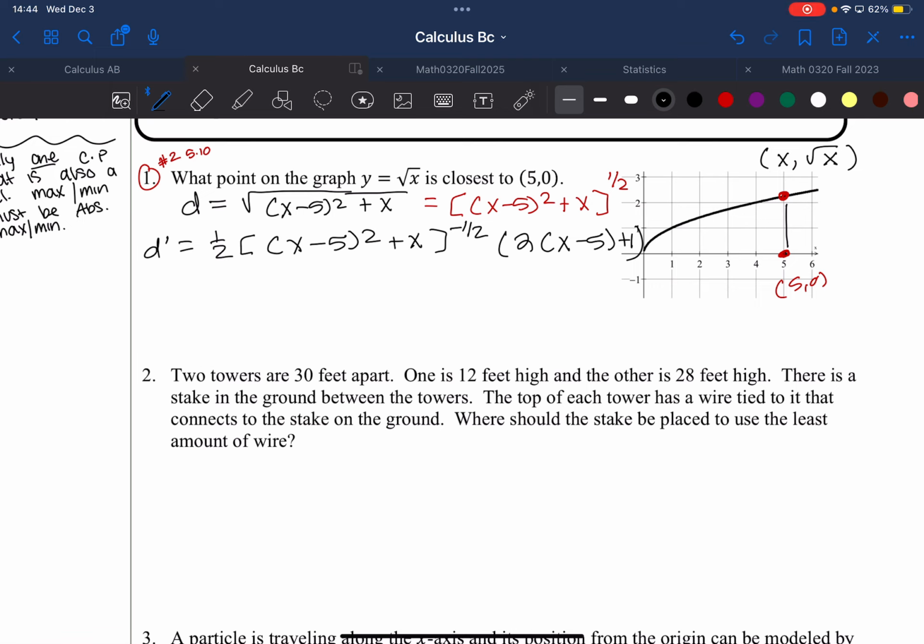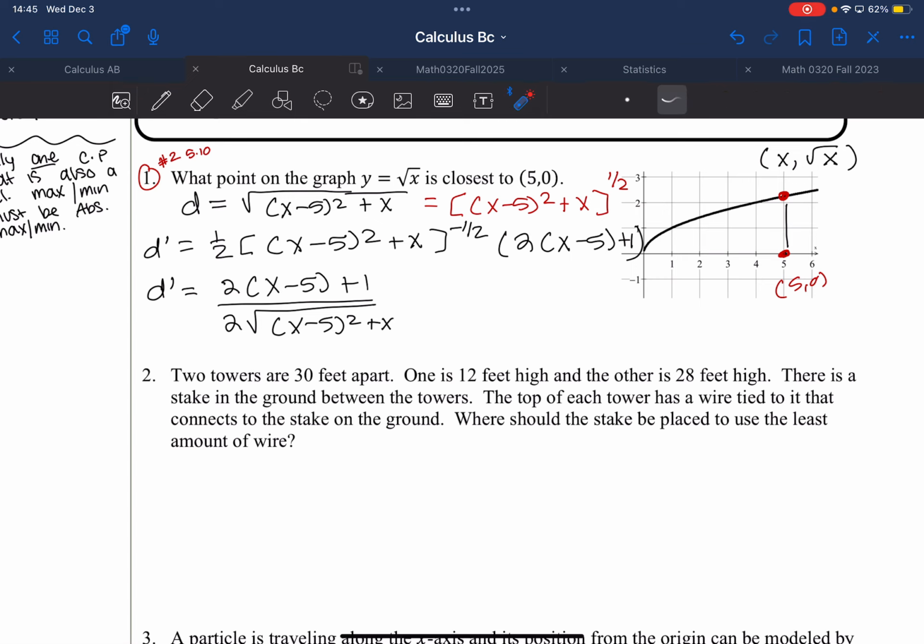I'm going to rewrite this so we take the negative exponent and move it down to the denominator. So this is the derivative of d is equal to 2 times x minus 5 plus 1, all that second part that we have at the end, over 2 times the square root of x minus 5 squared plus x.